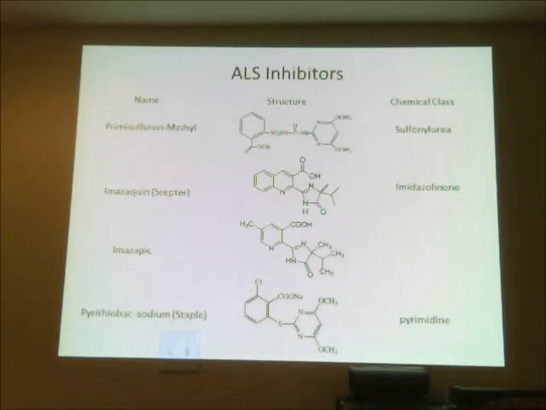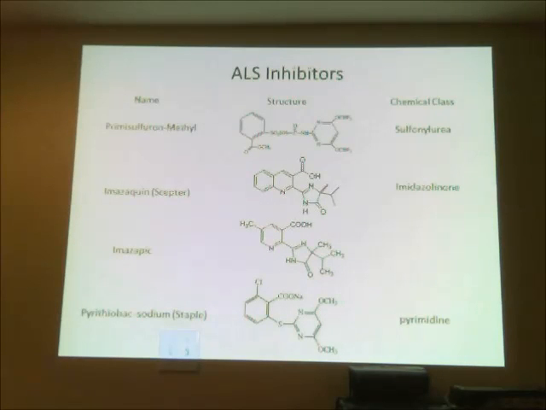The rest of the molecule is the same, and here this has a quinoline ring attached. And the last one is a pyrimidine. So this is a 6-membered ring with nitrogens at the 1 and 3 positions, pyrimidine. And remember from our discussion of DNA, these are things like uracil and thymine and cytosine. These are the pyrimidines.